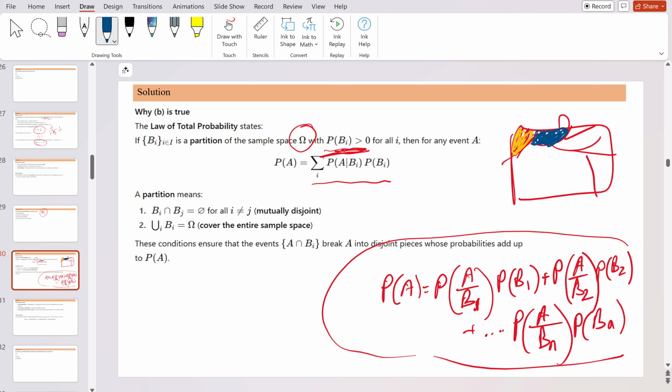So it covers the entire sample space when you take the union of that. Suppose this is B1, B2; when you take the union of all these subsets, it forms the entire space Omega. This condition ensures that the event A intersection Bi breaks A into disjoint pieces whose probabilities add up to P(A).